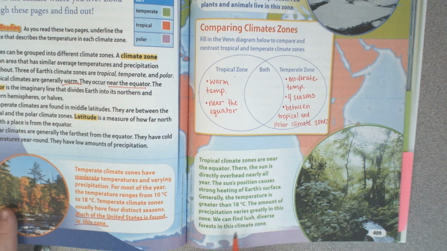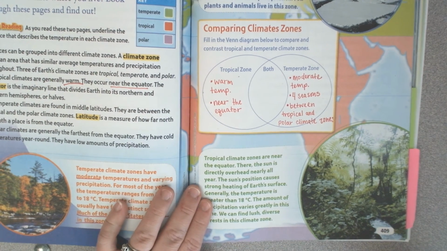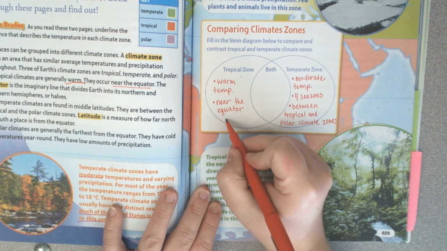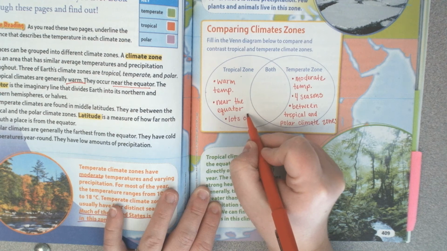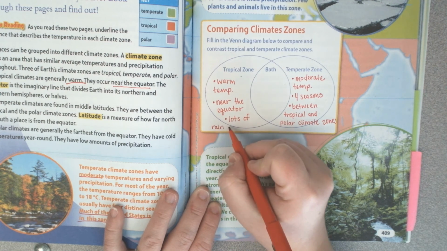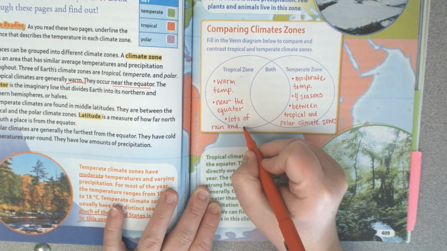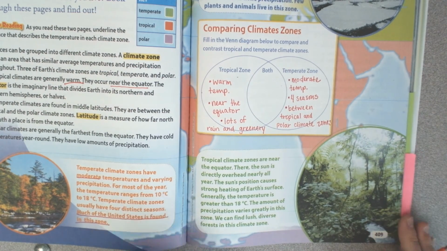However, we can find lush, diverse forests. So, they do get plenty of rain, or else they wouldn't have all this lush greenery, right? So, they must get lots of rain. We could put lots of rain and greenery, like with plants.